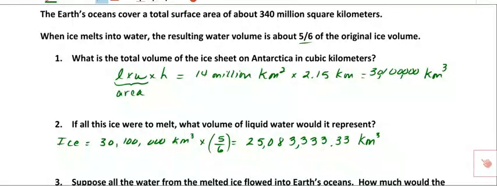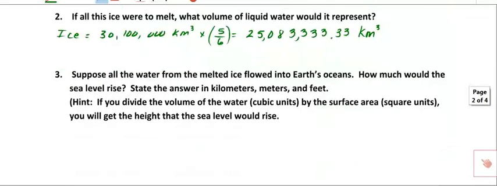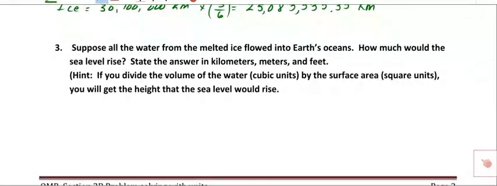Okay, let's check out the next one. Suppose all the water from the melted ice flowed into the Earth's oceans. How much would the sea level rise? And we want to state the answer in kilometers, meters, and feet.